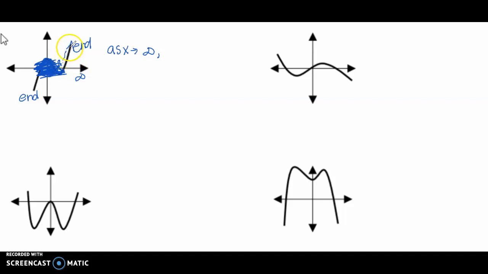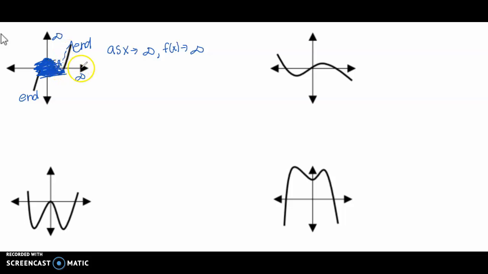That little person would be going up forever. So that's basically saying that my y value is going up, up, up, okay? So as x approaches infinity, your function, this f of x, your y is also going towards infinity. So here's y going towards infinity.